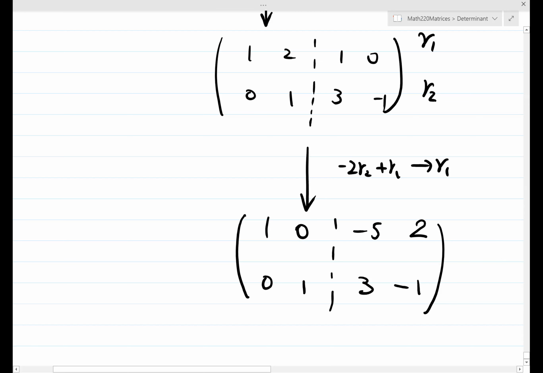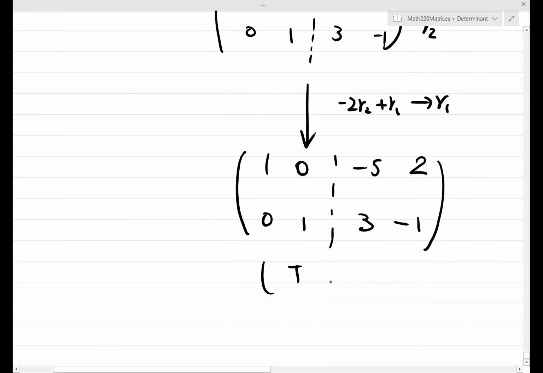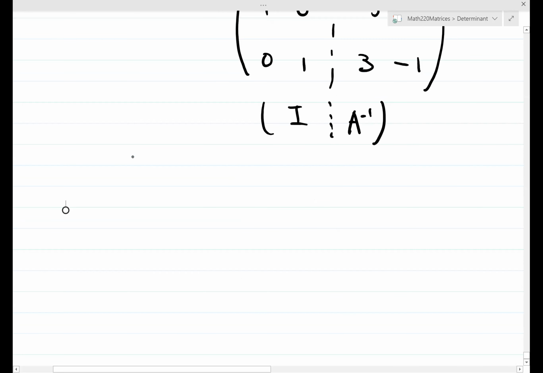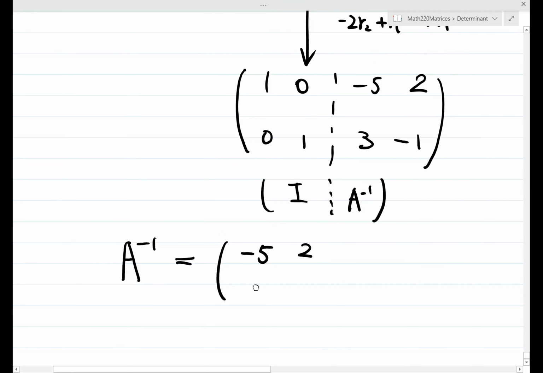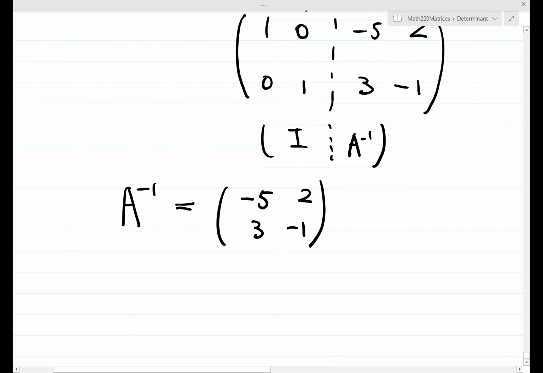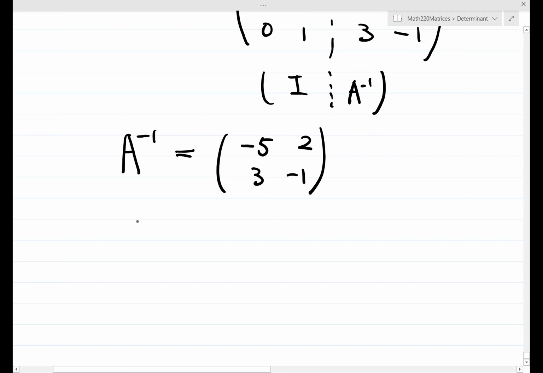So this is I, A inverse. So you finally find A inverse by Gauss-Jordan elimination. It tells us A inverse is -5, 2, 3, -1. Remember A is 1, 2, 3, 5.